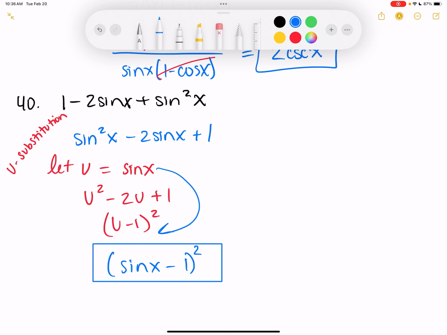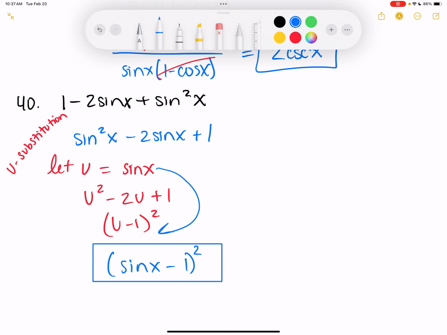It's just rewriting things in terms of something else that you know how to use. I've had a lot of students who cannot process that sine squared minus 2 sine of x plus 1 is just like x squared minus 2x plus 1. And that's fine. Rewriting it helps you to see it a little better.